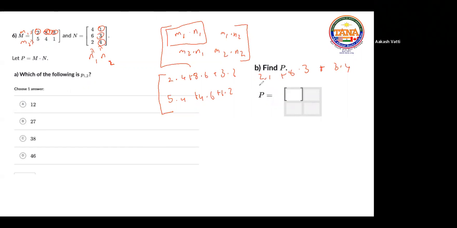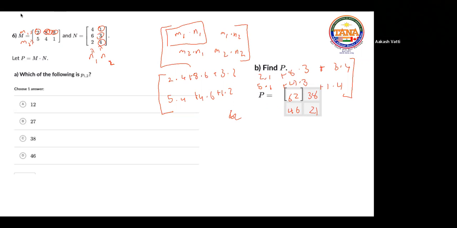And then for the last one, it's 5 times 1 plus 4 times 3 plus 1 times 4. And when you do all the math, you should get 62, 62, 38, 46, 21.